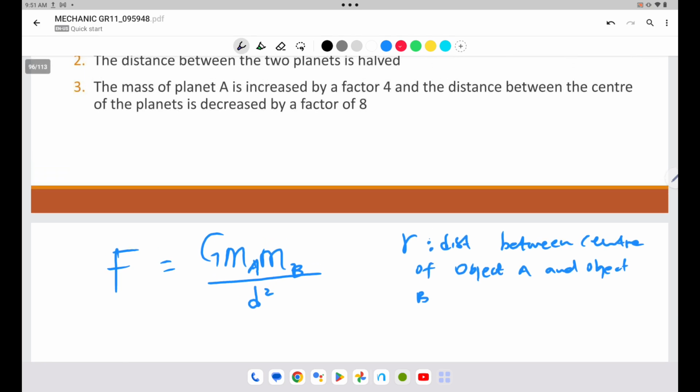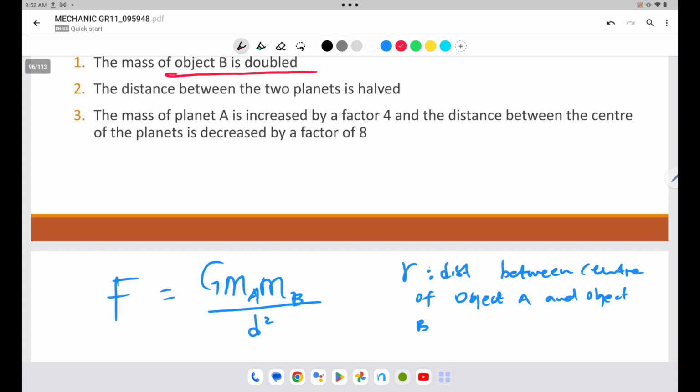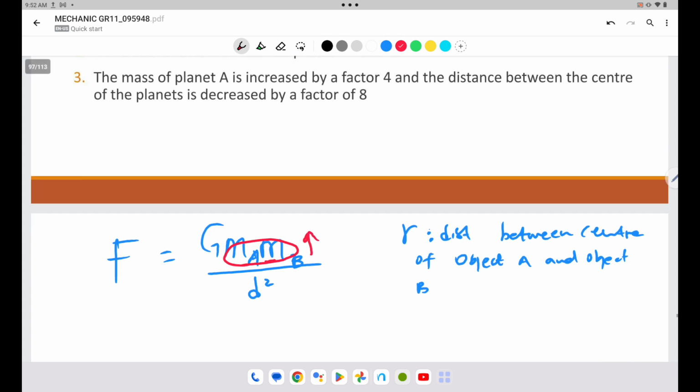What we know from yesterday's lesson is that if the mass of object B is doubled, to double something is to increase the quantity by a factor of 2. If we increase the mass of B, this product will increase, and as the product increases, F will also increase. But today's question is, by how much? By what factor will F be increased?